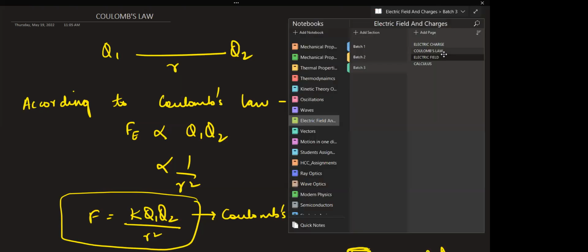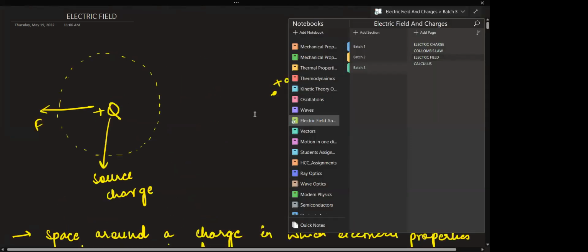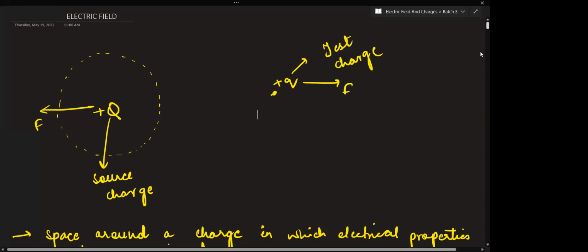Now, electric field is your next topic. Just understand what is meant by electric field. See, if you have a source charge with you, source charge means that I have taken this charge, capital Q. So this capital Q will be having its certain space around itself.